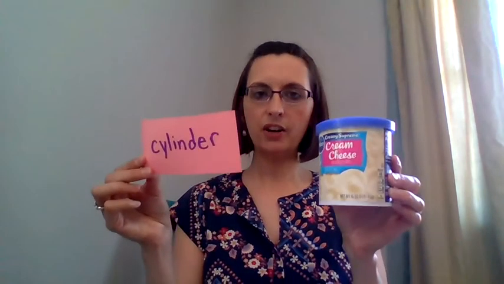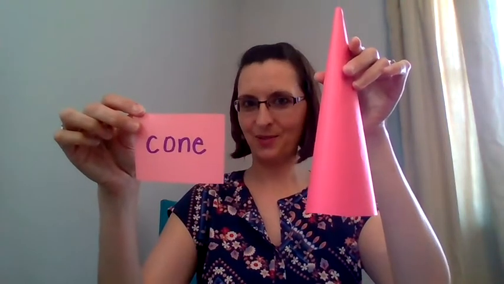Okay, well, let's see if you can name these items with me. Here we go. We have a cylinder. A cylinder has 2 circle faces that are the same size. A cone, like an ice cream cone, has 1 circle face and 1 point. Sphere.